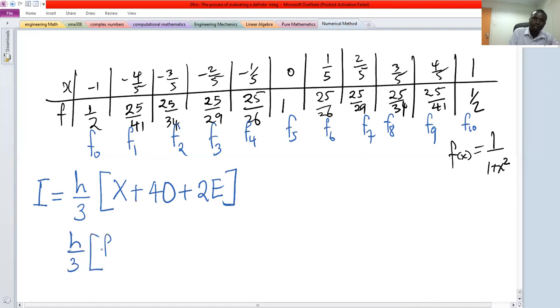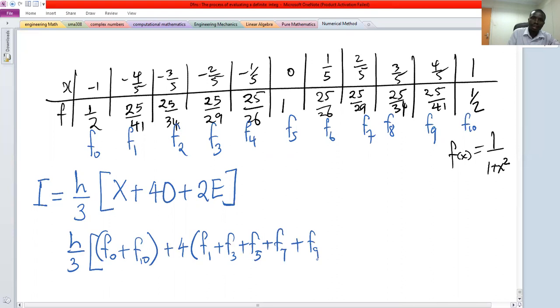End ordinates f0 plus f10, plus 4 into the odd ones, f1, f3, f5, f7, and then f9. Even ones we'll have 2 into f2, f4, f6, f8. You don't add f10 because it has already been taken as the end ordinate. So then close.